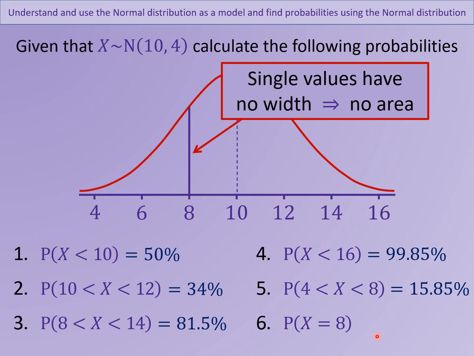So there's no width, therefore no area, therefore the probability of getting a single value is always going to equal 0. Now that means that it's exactly the same answer if I had the probability of less than 10 or less than or equal to 10. It makes no difference if you have a less than or equal to in it. No difference at all. And the same with any of these, which might be greater than as well.